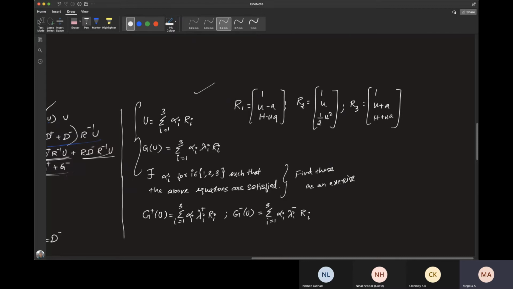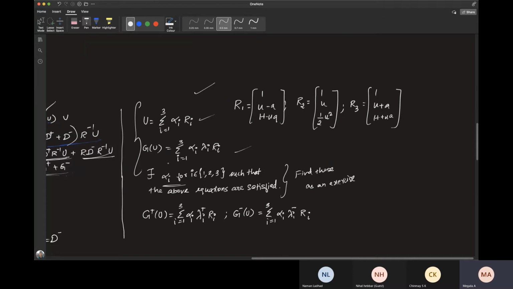We need to solve for alpha I using these two expressions: U as this and G as this, G as summation of alpha I into lambda I into Ri. So if we solve these two equations, we can find alpha I. These are solvable, and we can find alpha I from these expressions. So you can try those as an exercise.